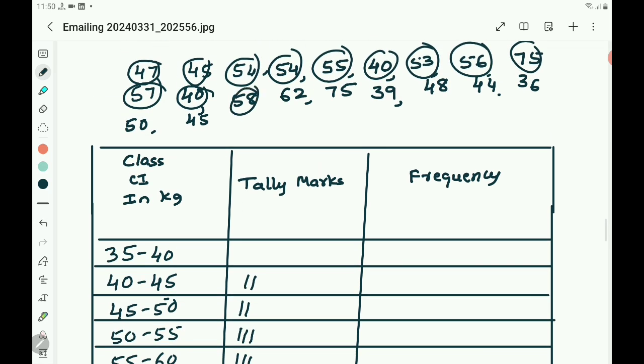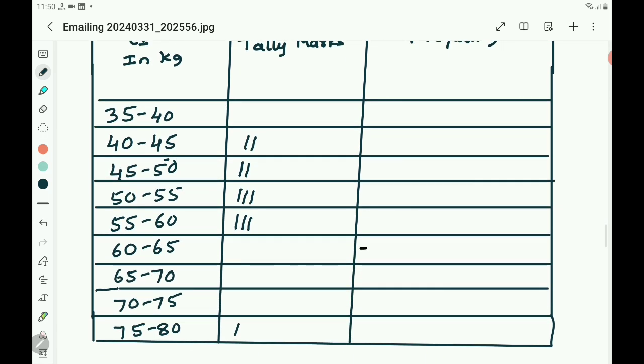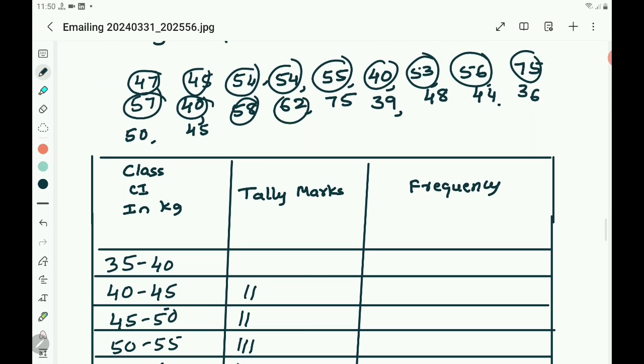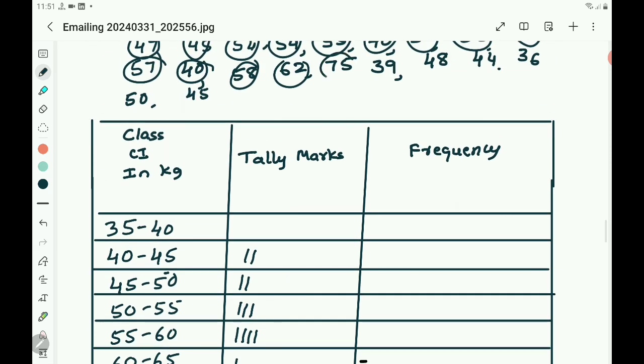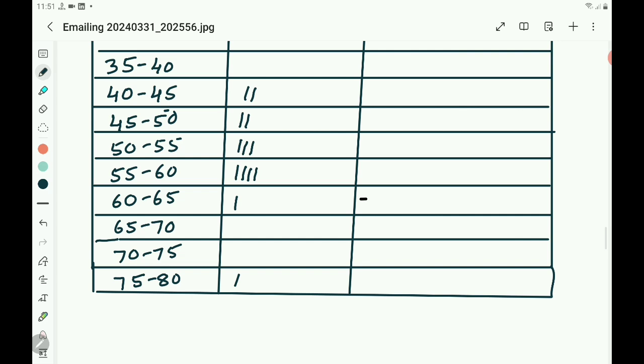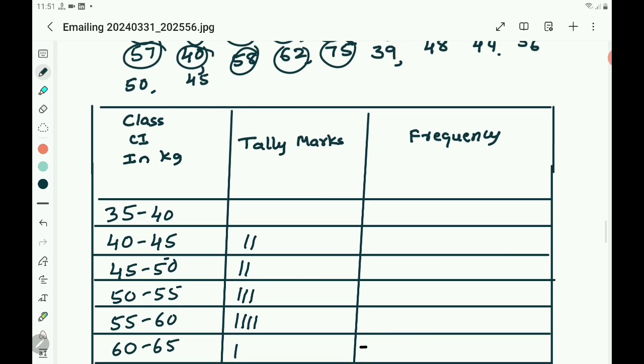Then 58. 58 comes in the class 55 to 60. Then 62. 62 comes in the class 60 to 65. Then 75. 75 comes in the group 75 to 80.